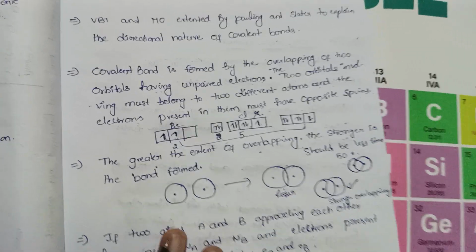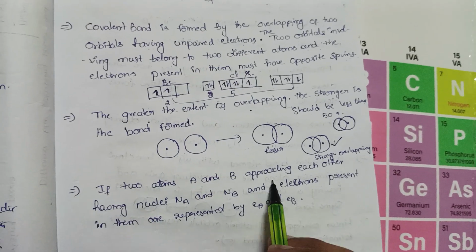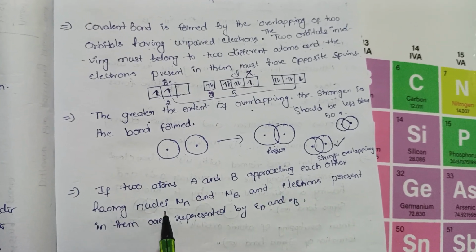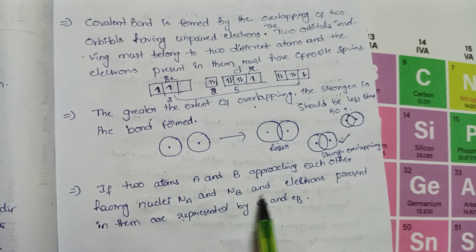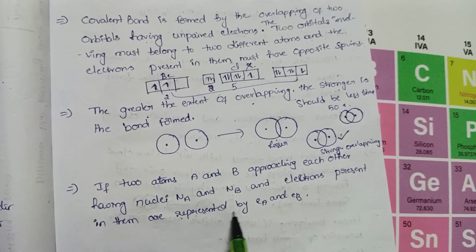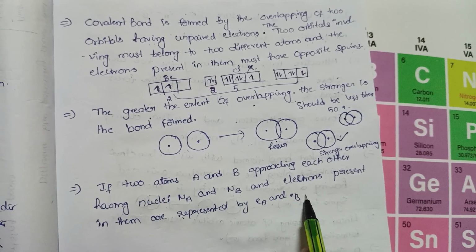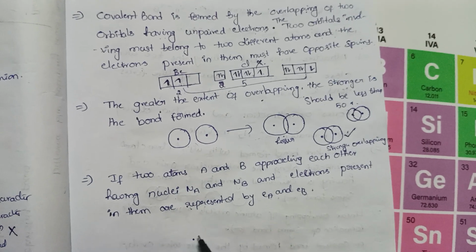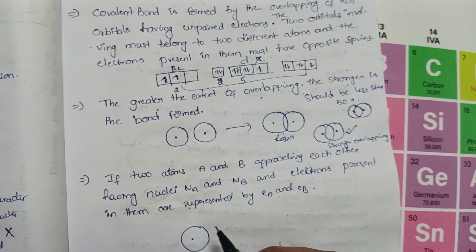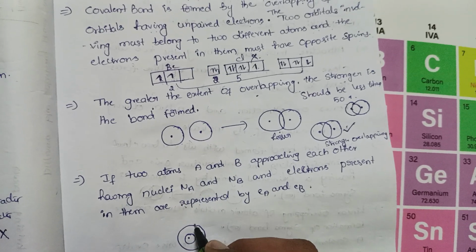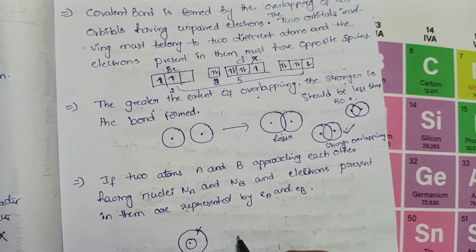Consider two atoms A and B approaching each other, having nuclei Na and Nb, and the electrons present in them are represented by Ea and Eb. If we take a hydrogen molecule, this is the nucleus, it has one electron in the outermost shell.